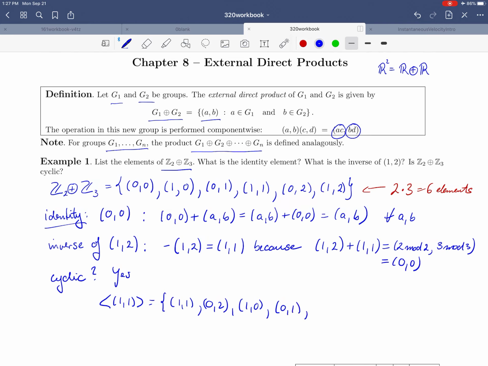If I add (1, 1) again, I get (1, 2). If I add it again, I get (0, 0). And let's see, that's 1, 2, 3, 4, 5, 6. Yep, that indeed is everything. So we've shown that this is Z2 plus Z3, and so therefore our group is cyclic.